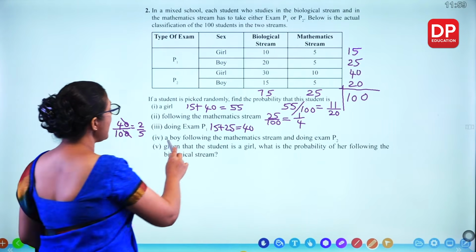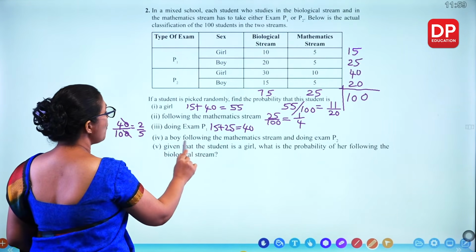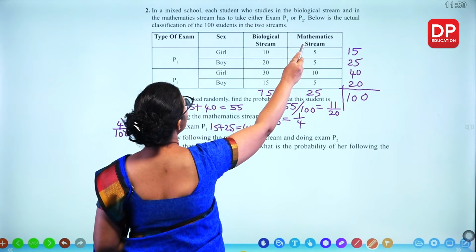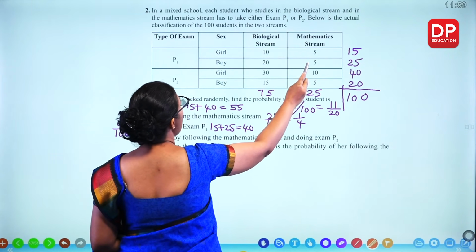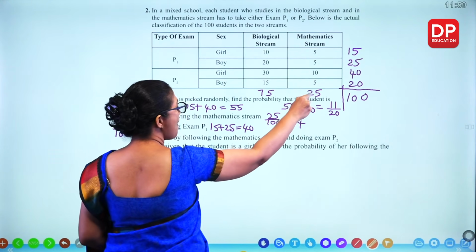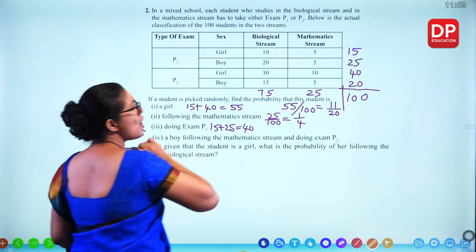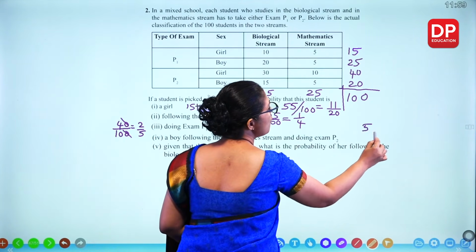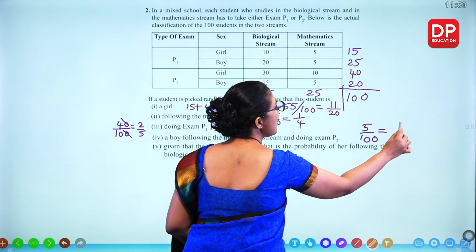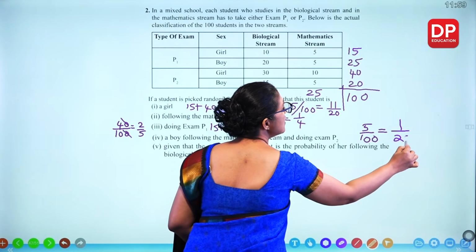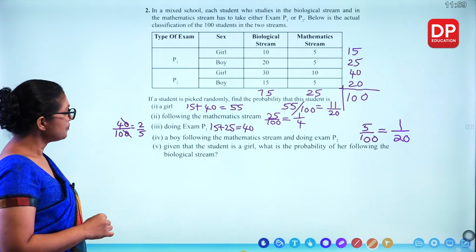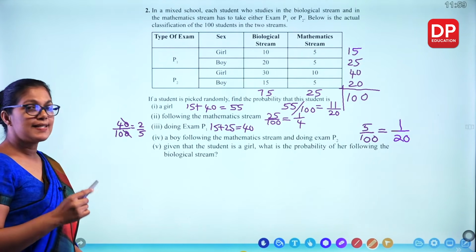A boy following mathematics stream, boys, as well as following P2 exam. So how many? 5. 5 boys are there out of 100. Simplify that. 1/20.